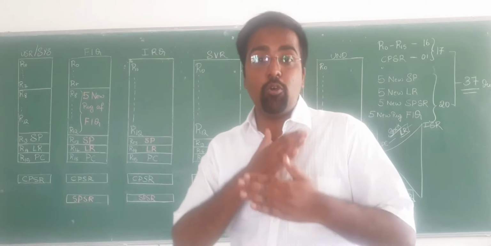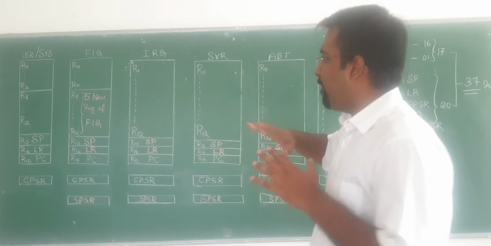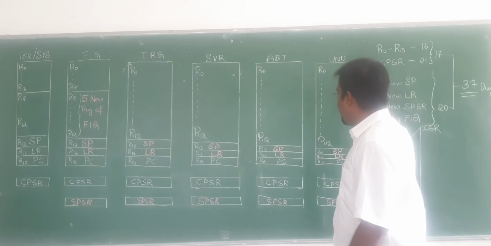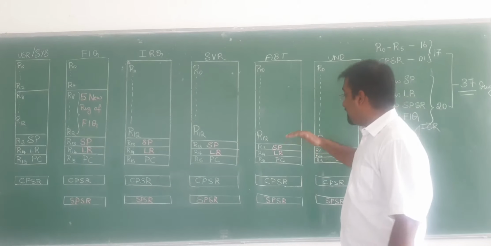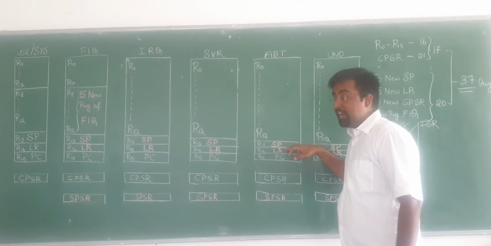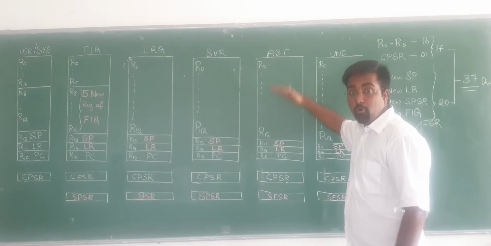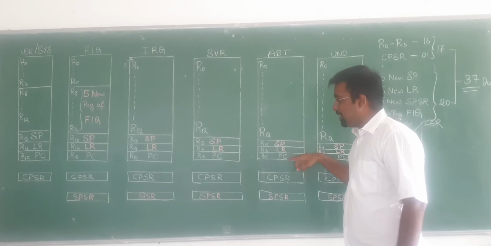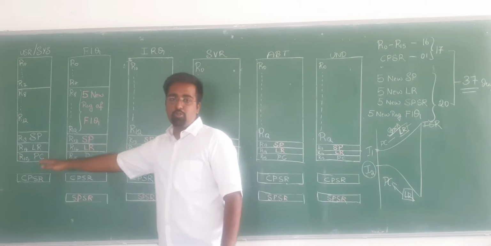This will apply to all other modes, so whenever from the user mode it goes to SVC or abort or undefined, first it copies the contents of PC to LR, it completes the mode of operation, then the LR is copied again and switched back to PC, and the PC comes back to user mode.